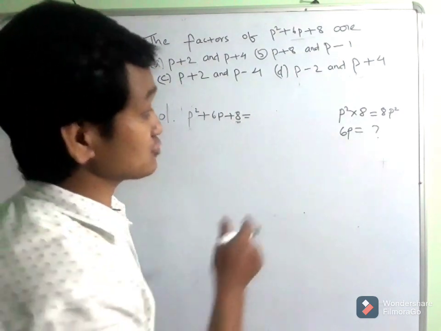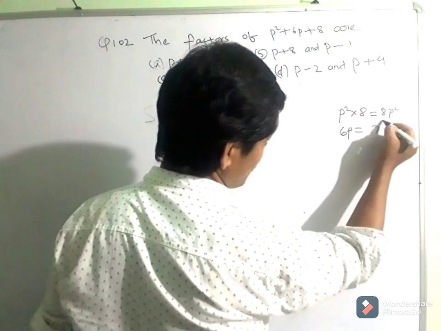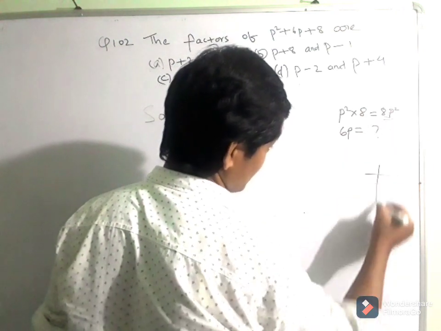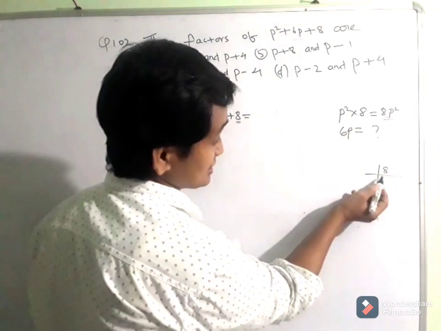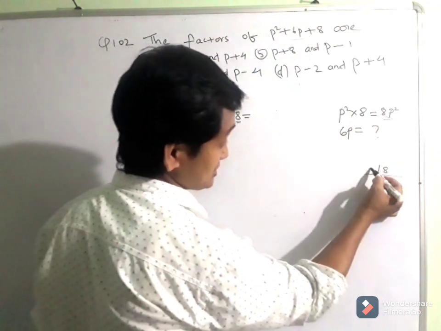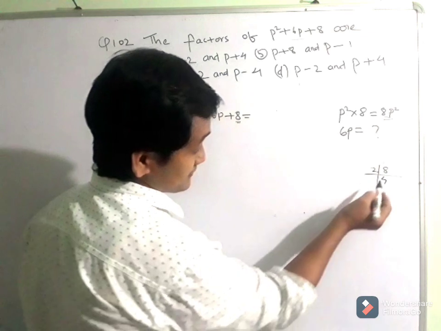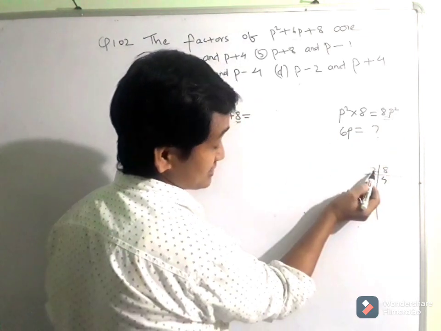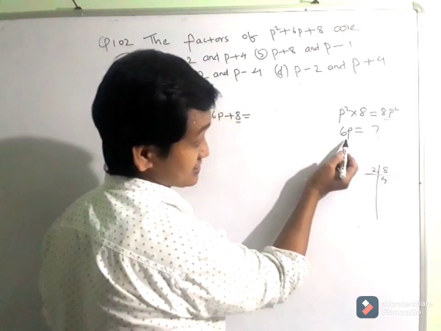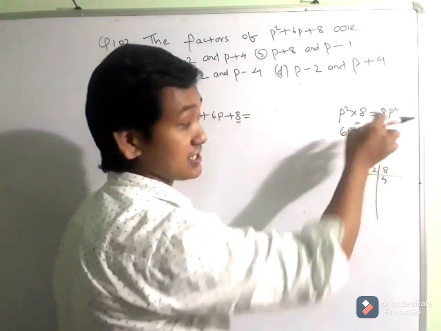So how to find those two numbers? We go for prime factorization of 8. Take the smallest number whose multiple gives 8, obviously 2 fours are 8. If you multiply 2 into 4, we get 8, and if we add 2 plus 4, we get 6. So these match our conditions.